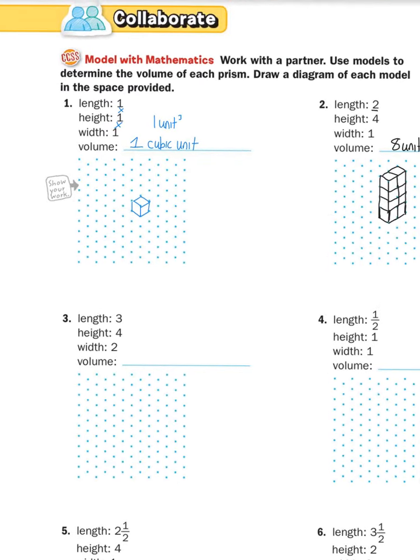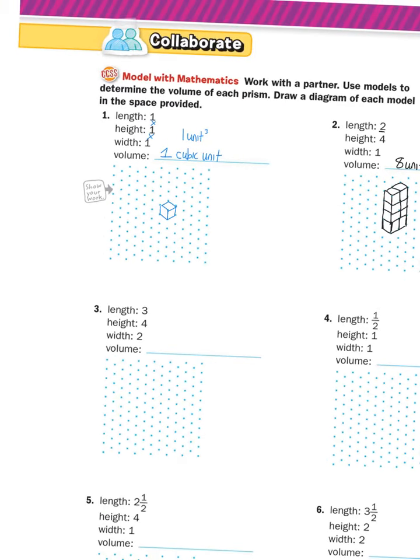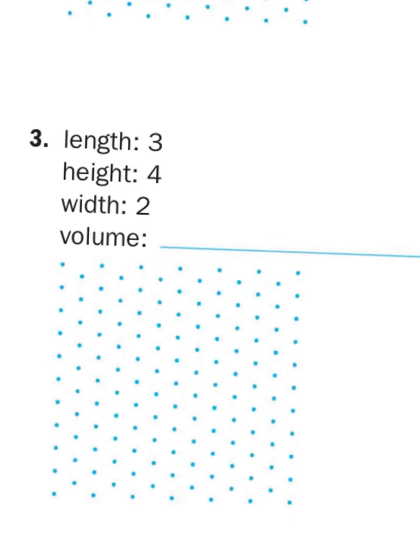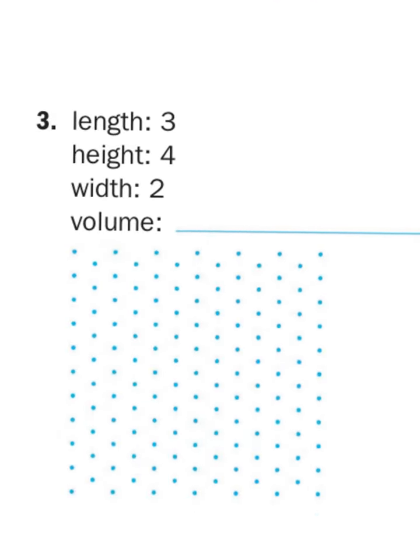Okay, the next one I want you to do is number 3. I'll zoom in a little bit, give you a hint, and then you're going to find it. Now again, if you want to multiply the length, width, and height first to find the volume, you can, or you can draw it first. I don't care. So length 3, height 4, 2 wide.